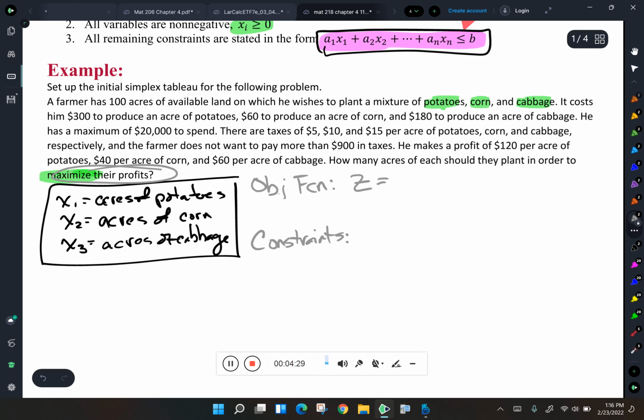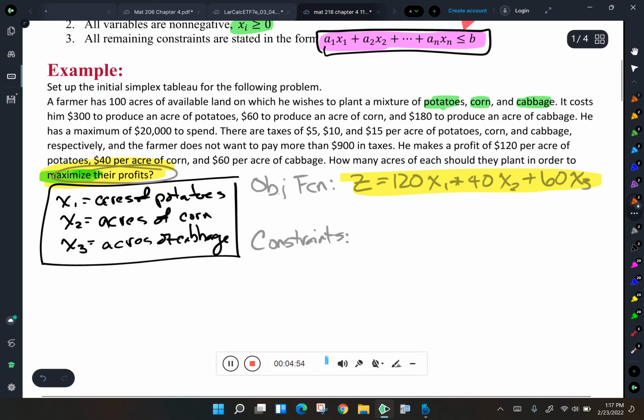I make $120 for every acre of potatoes, plus $40 for every acre of corn, and $60 for every acre of cabbage. And so there's my objective function, and I want to maximize that objective function.